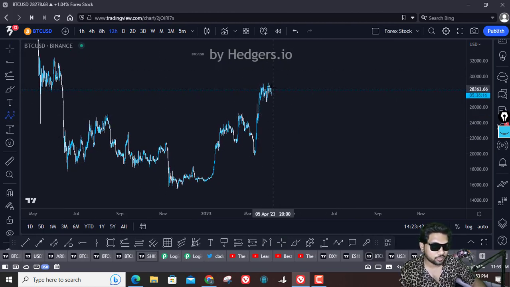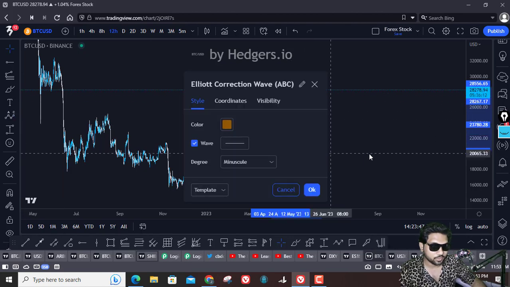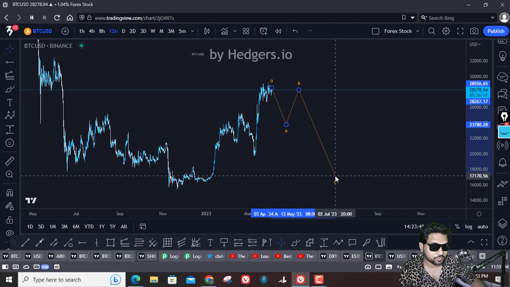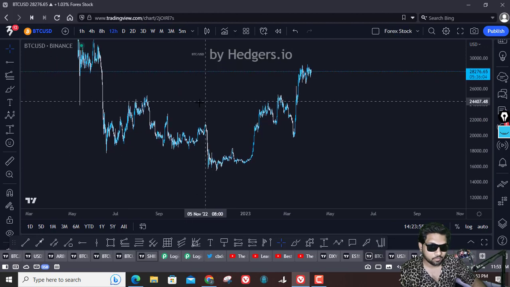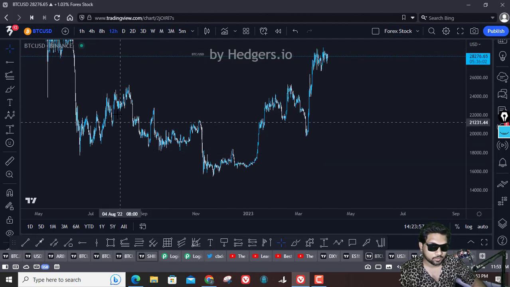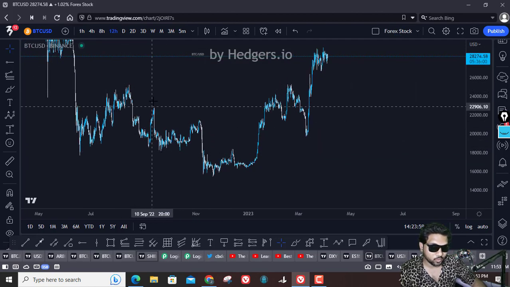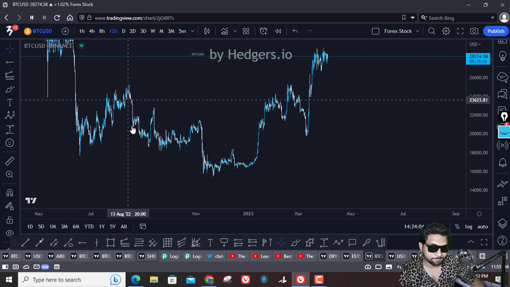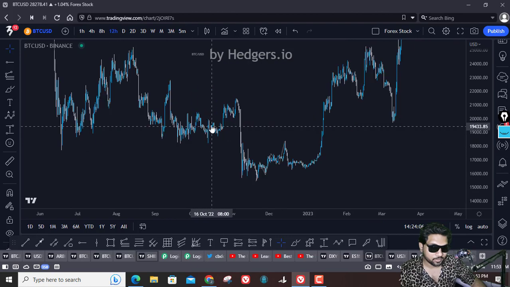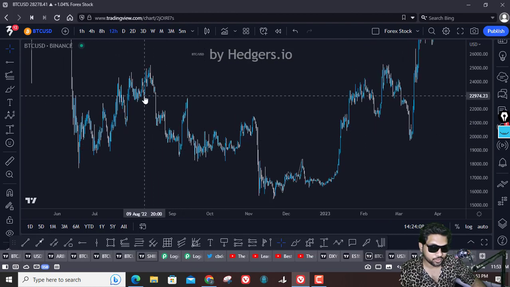Or just try to put this ABC here now like this as well, or maybe to the downside like here. 1, 2, 3, 4, 5, ABC. Right now, let's implement the WXY count, which should be, if I can find the 3 wave structure, 5 wave structure, 1, 2, 3, 4, 5.